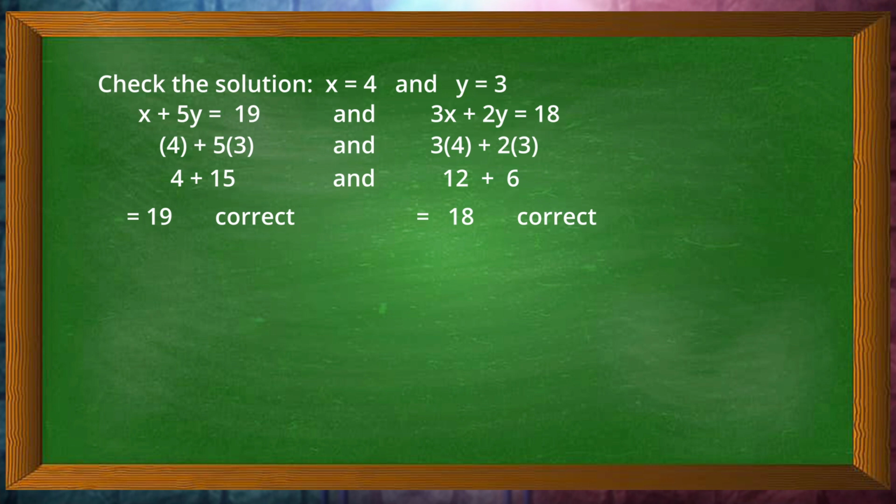And the second equation becomes 3(4) + 2(3), leading to 12 + 6 with a total of 18, which is also correct. This means that the solution for the system of simultaneous equations is correct.